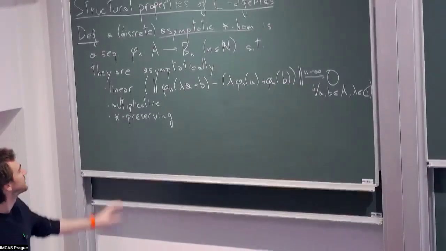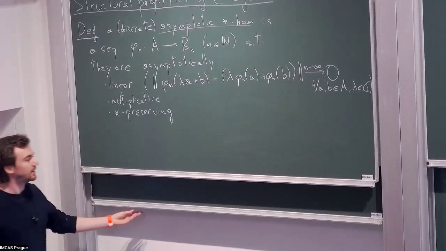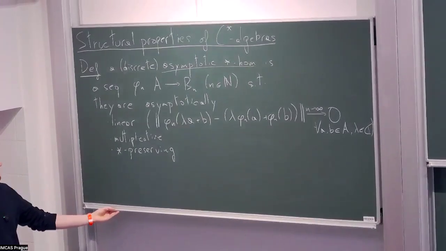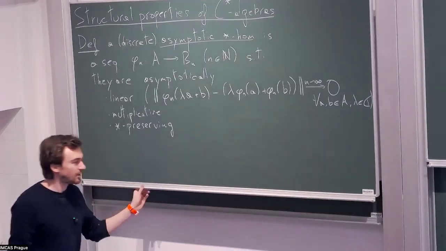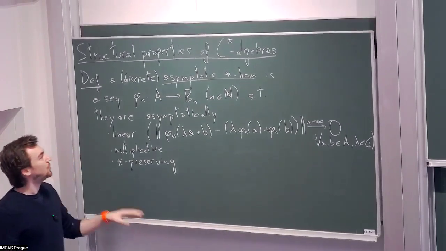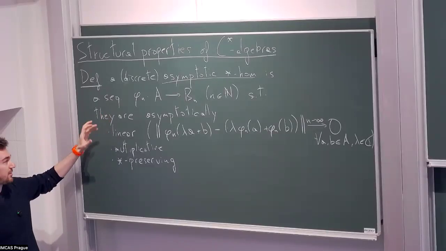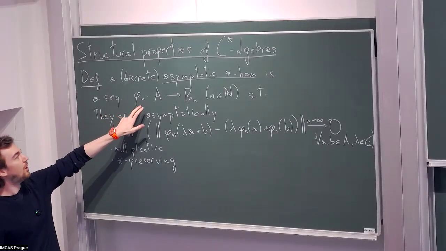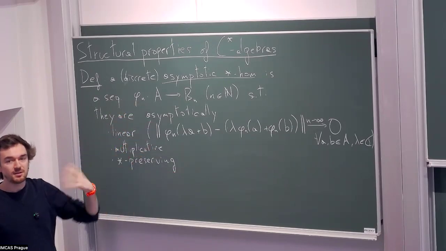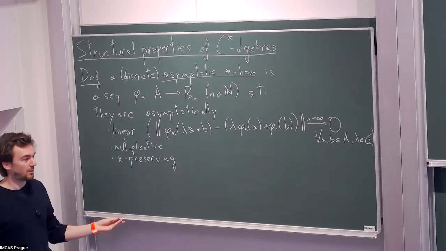Now, the interesting thing about these asymptotic star homomorphisms is that if you impose additional exact conditions on these phi_n themselves instead of just asymptotically, this can change the structural property that you end up with.